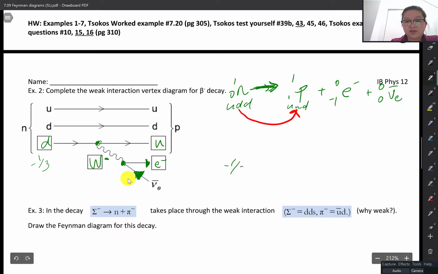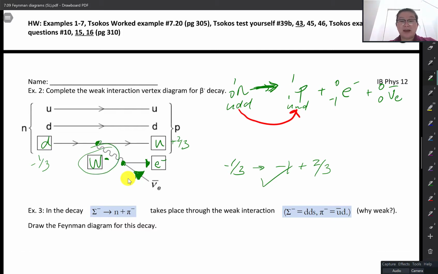A -1/3 is going to become a -1, and then an up quark is a positive 2/3 charge. So -1 plus positive 2/3 gives us -1/3. So charge conservation checks out. The mediating particle, the exchange particle here, is the W minus boson.